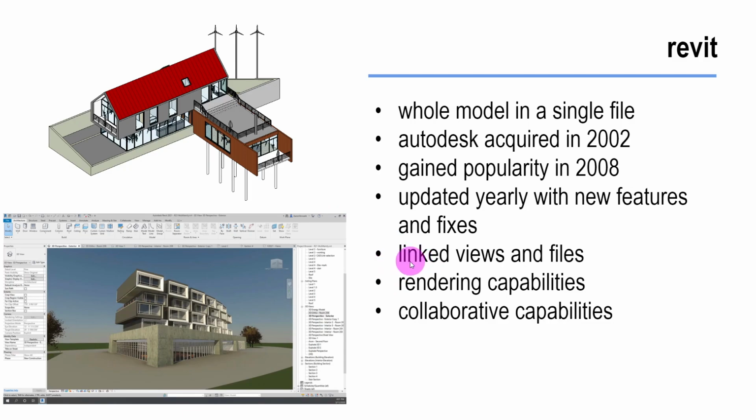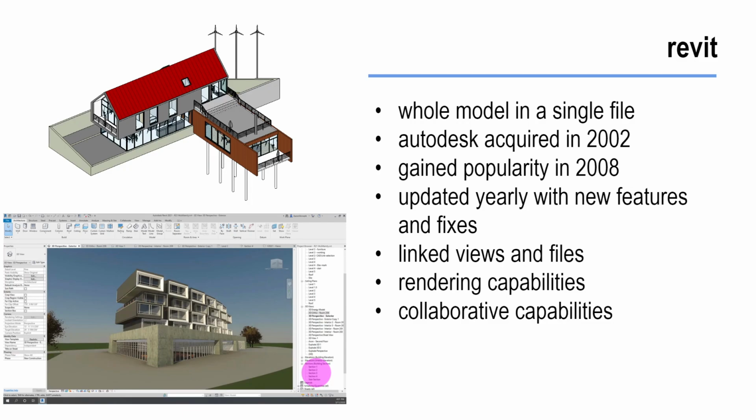So within the software, all of our views are linked in here. On this little setup, and we'll look at the screen in a little bit more detail later in this presentation, we have all of these different views in what we call our project browser, that we can just go between, our floor plans and our elevations, and anything that gets changed in one view also gets modified or updated in another view.